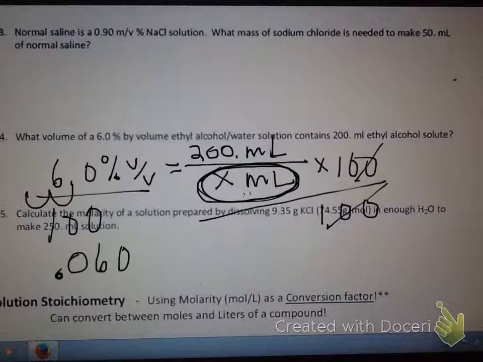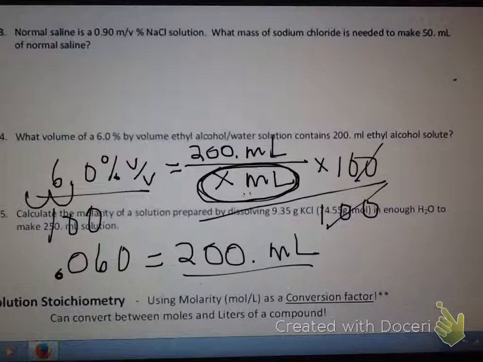0.060 milliliters to milliliters equals 200 milliliters divided by x. So x is our unknown. Do you see how our unknown's in the denominator? When you isolate x in algebra, don't you always have to bring it to the numerator? Yes.